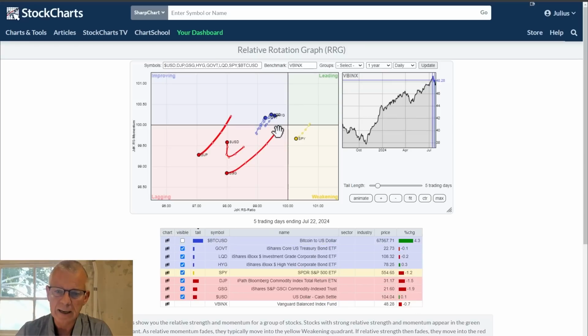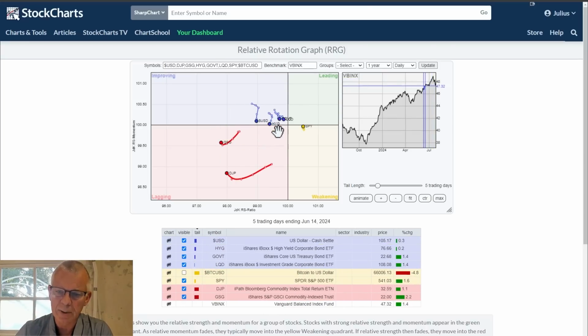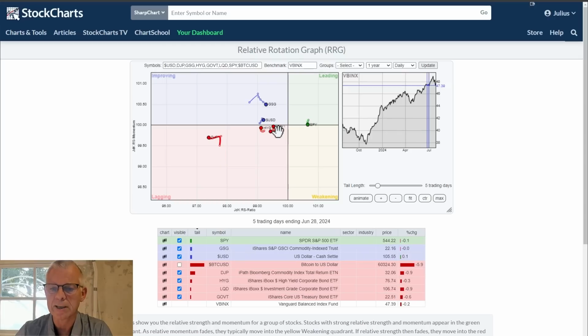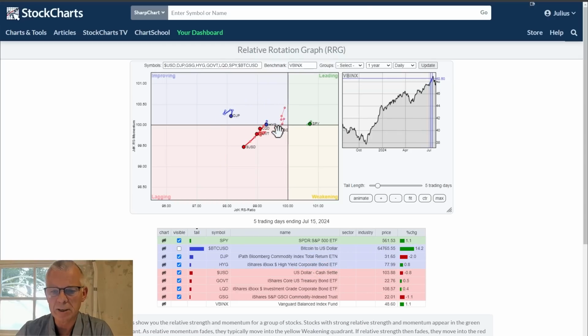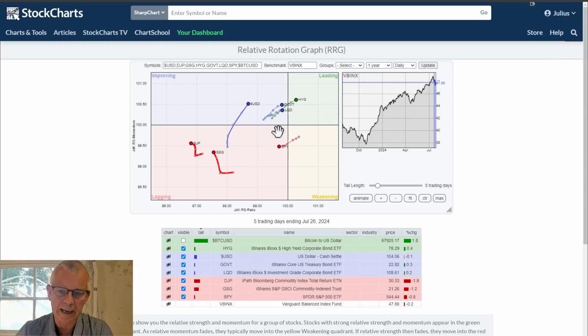If you look at how that played out over the last few weeks, you can see the strength of SPY here was still rotating on the right hand side, and now all of a sudden it started to move towards and into the lagging quadrant, while the cluster of bond ETFs is moving into the leading quadrant. So this is a very clear near-term signal favoring bonds over stocks.